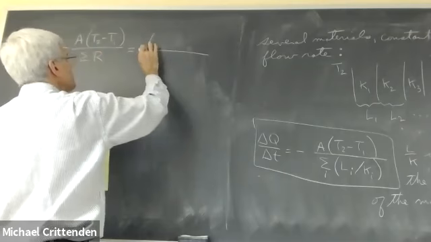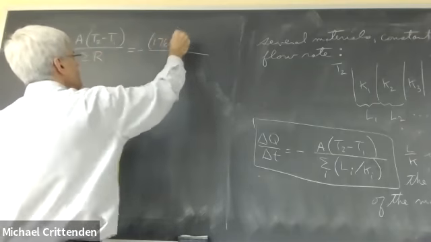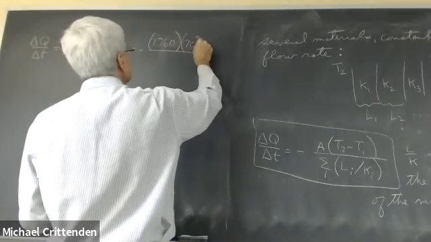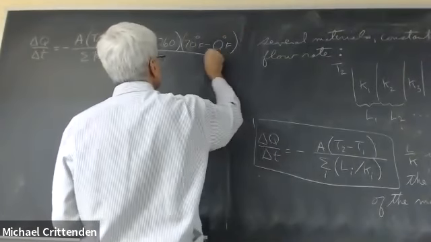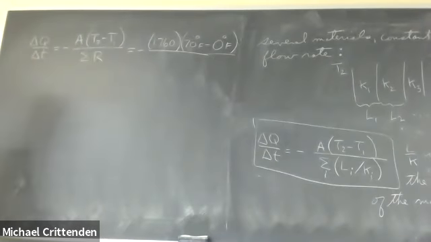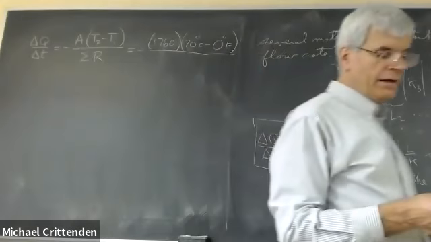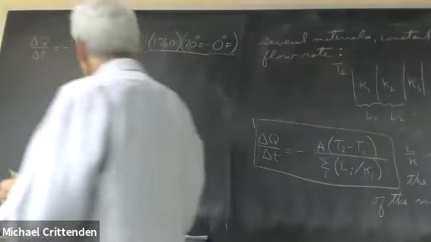So we had 1760 for the area. Temperature inside the house, 70 degrees Fahrenheit. The temperature outside on this particular day is 0 degrees Fahrenheit. The R values.